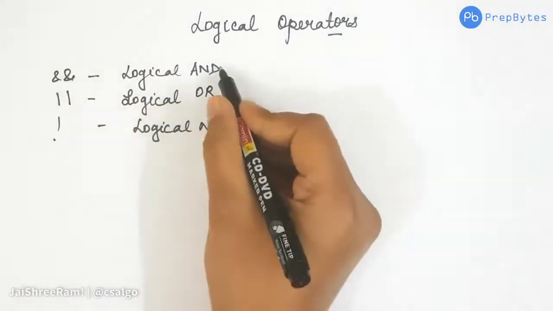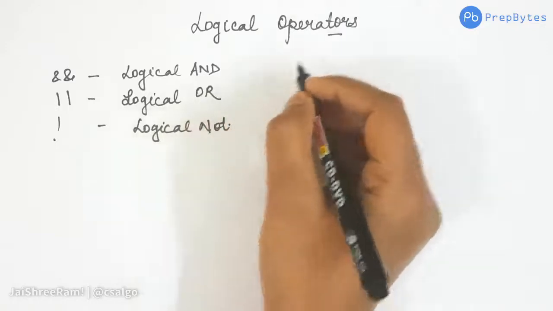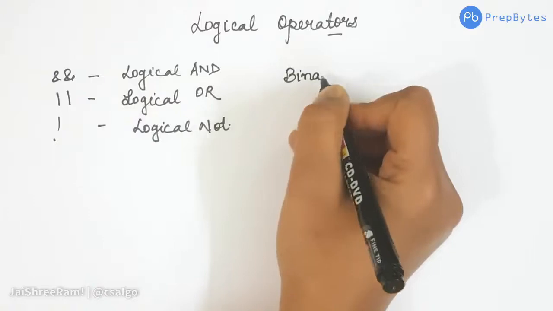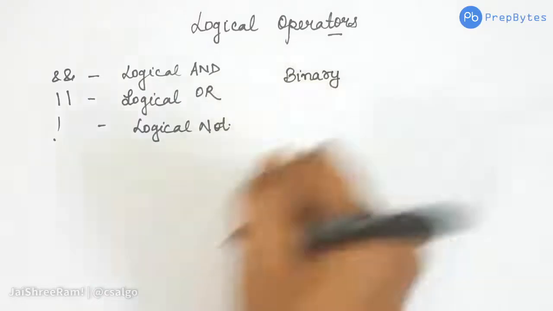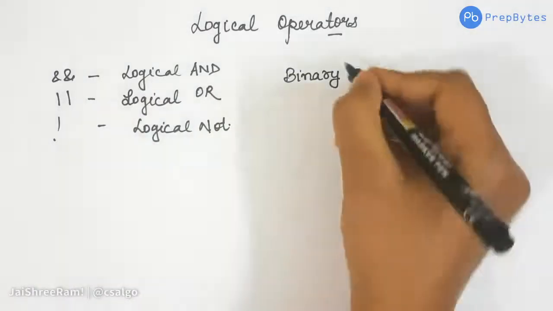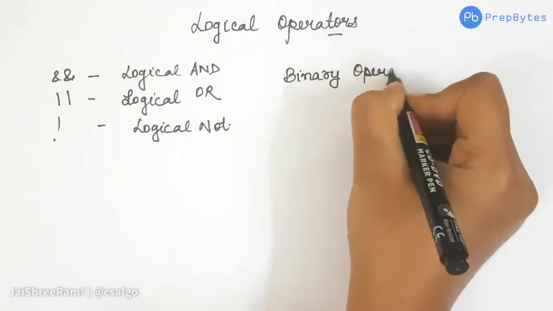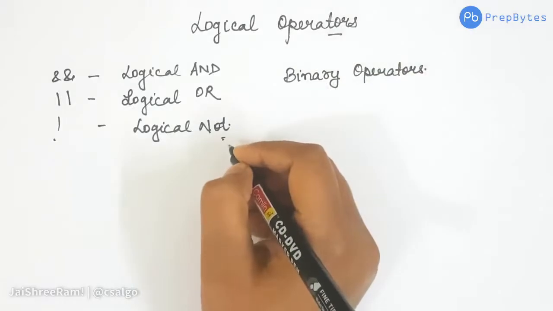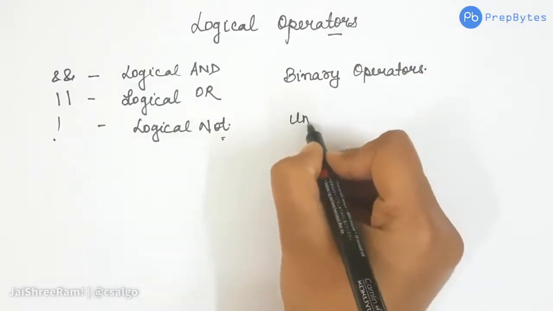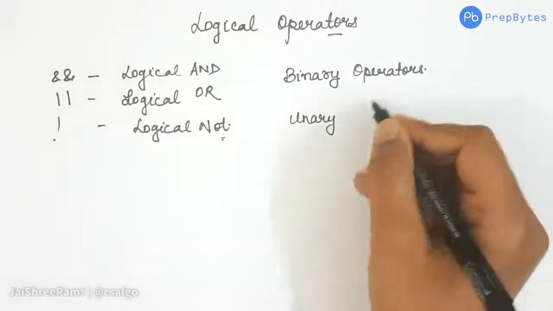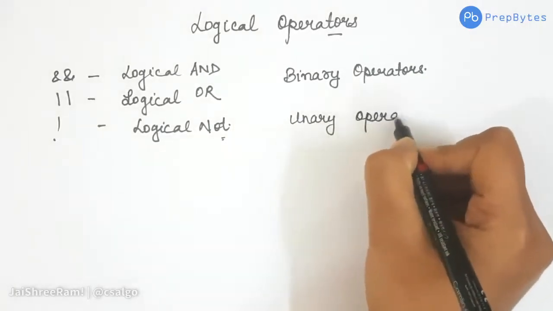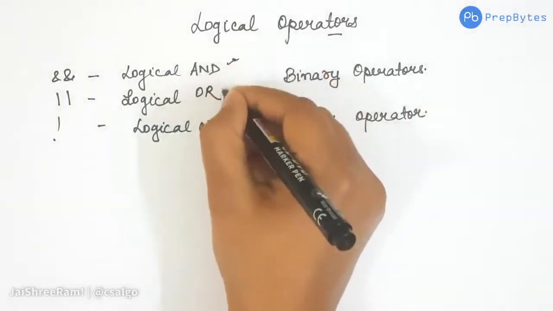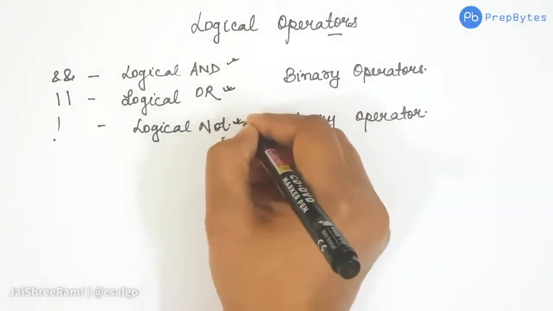Generally logical and and logical or work on two operands, hence they are called binary operators. Not can work on a single operand, so it is known as a unary operator. So let's see what happens in logical and, logical or, and logical not.